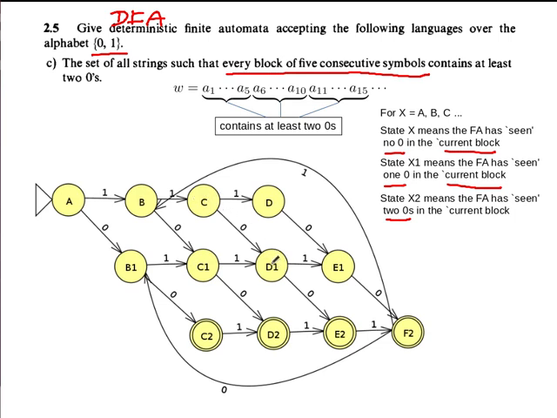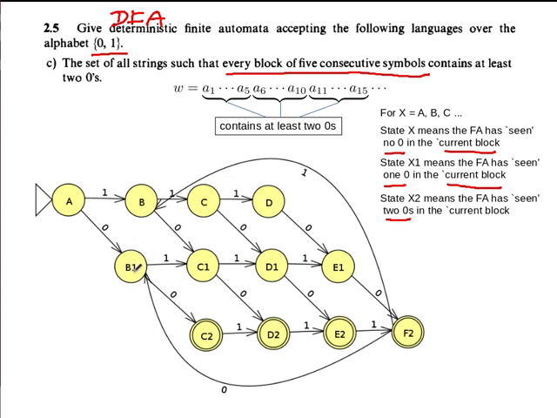If you see some 0, and once you are here, if you see another 0, then you move to this place where you have seen 2 zeros. Otherwise you are seeing only once, so you move this way. You are processing symbols, but you have seen only 1 zero, right? So it's very easy to map, right?